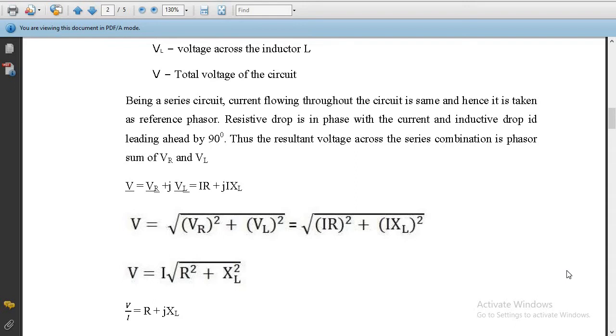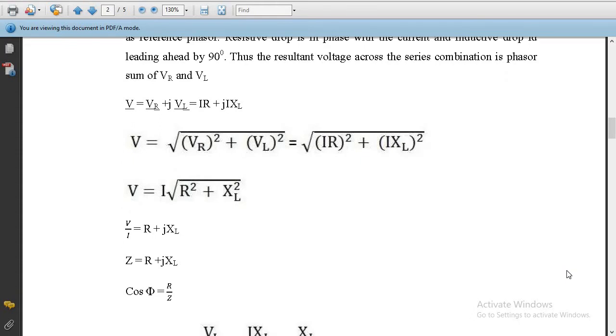So we have V by I equal to R plus jXL. This V by I can now be written as Z, where Z is called the impedance of the circuit. This is in ohms, of course, and can be written as R plus jXL.